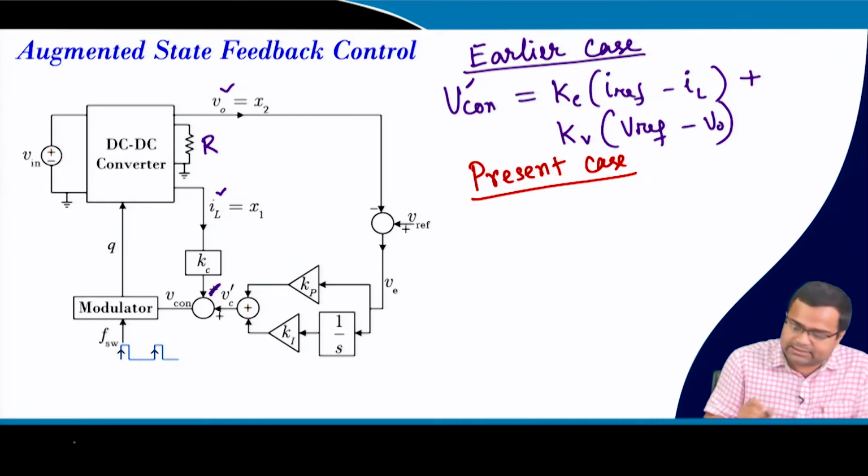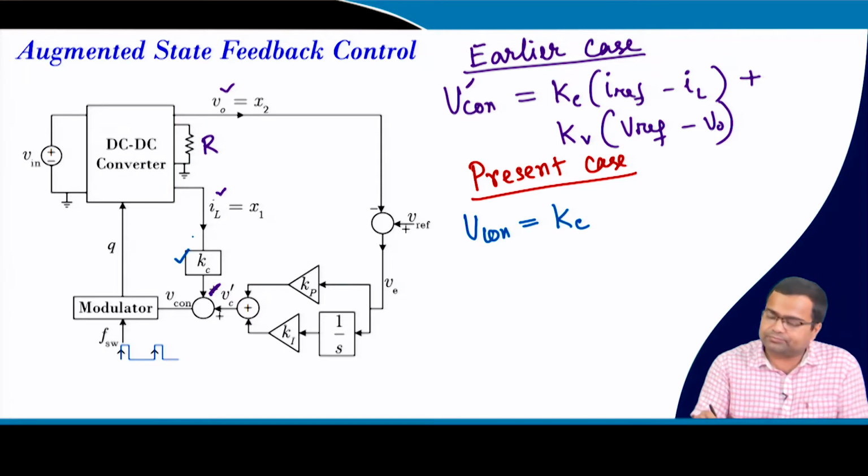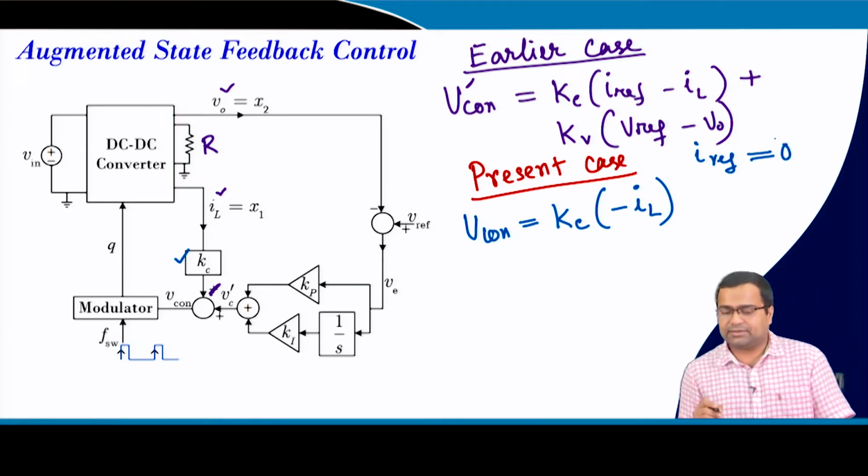Vcon, we are taking the same current loop gain, which is here, into minus L. That means we have dropped Iref, it is set to 0 in this case.